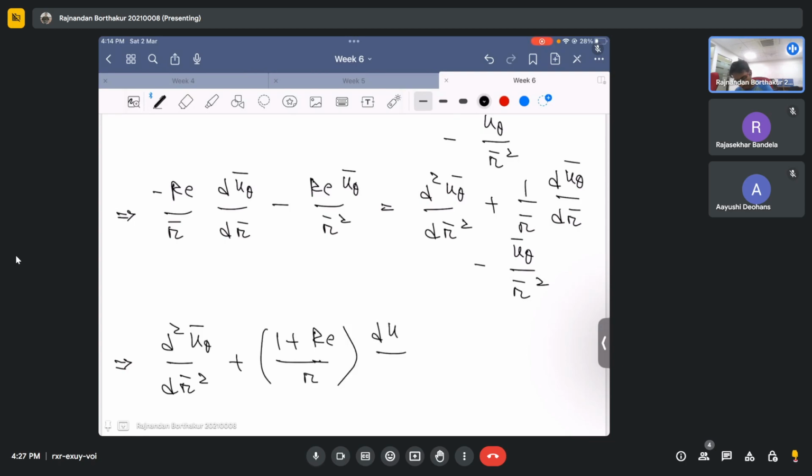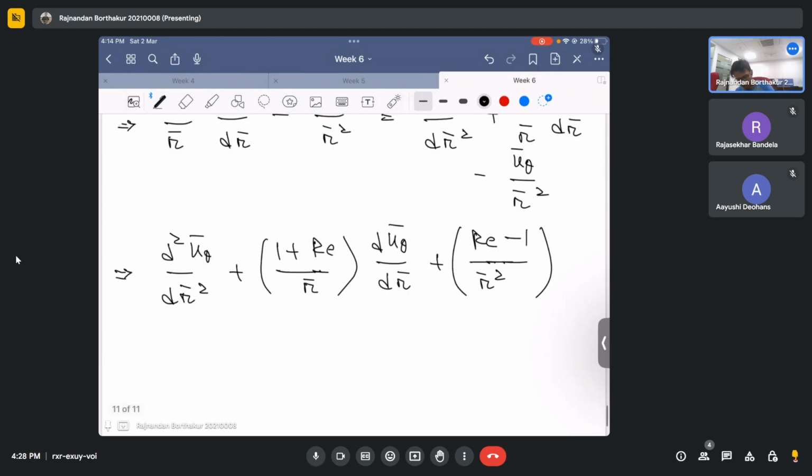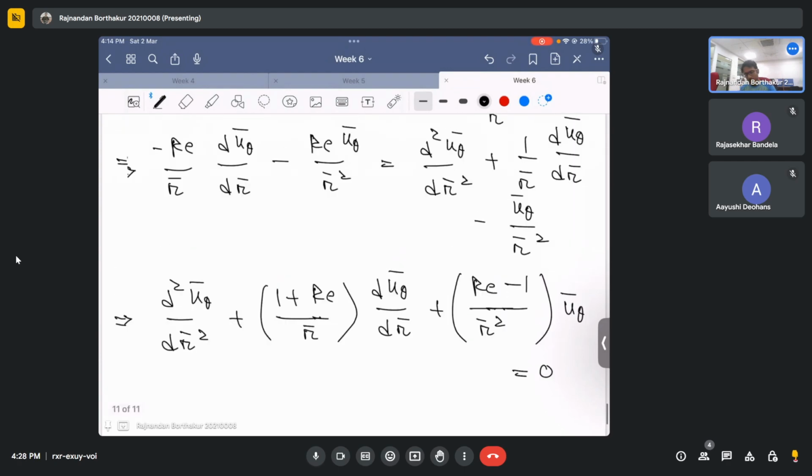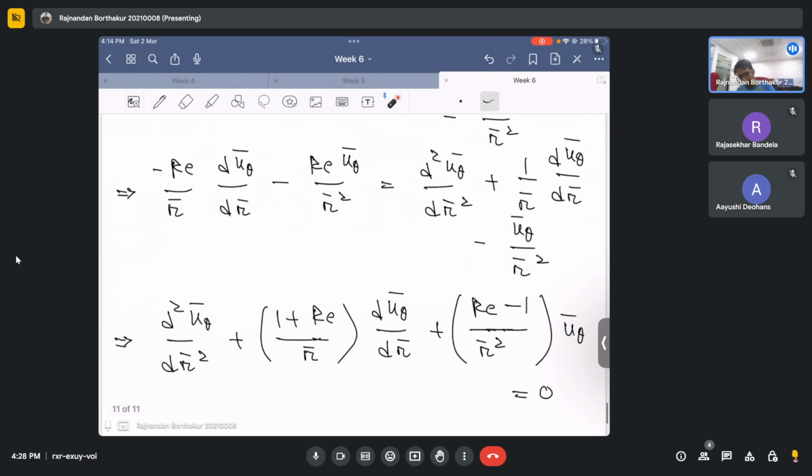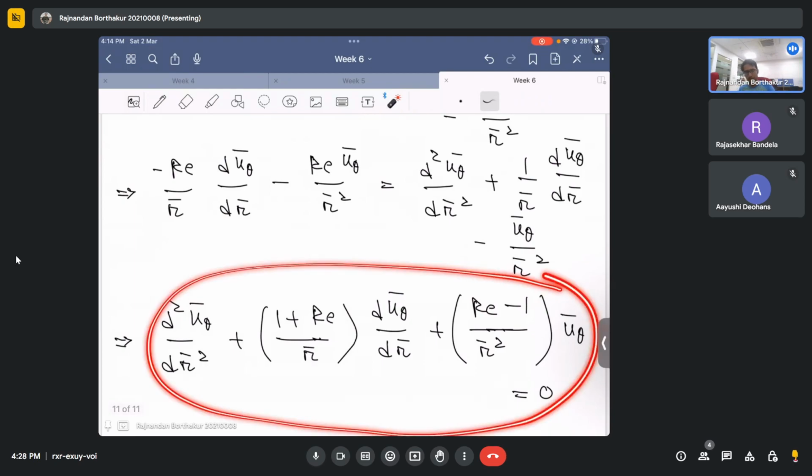Just tell me if I'm correct or wrong. This is r bar, this is r bar squared. Is this expression correct?